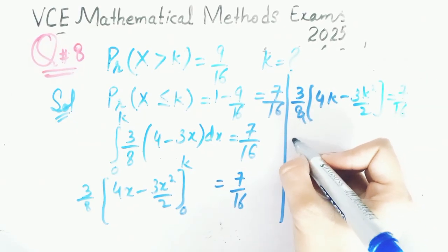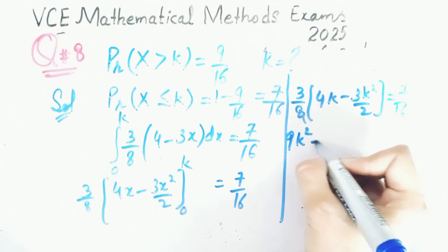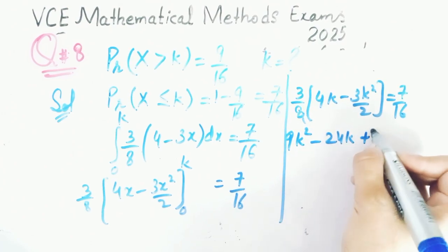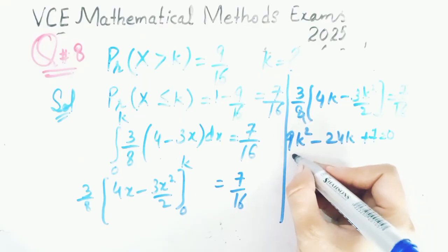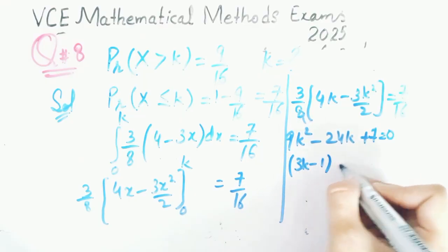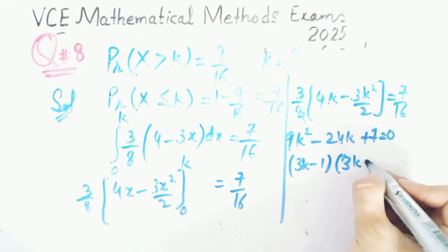This will become 9k square minus 24k plus 7 equals 0 when we solve this. By making its factors, we get (3k minus 1) and (3k minus 7).